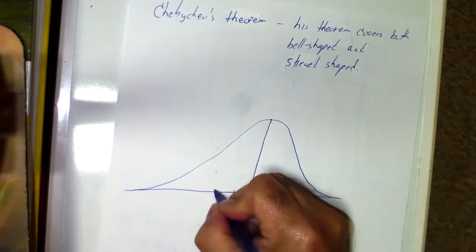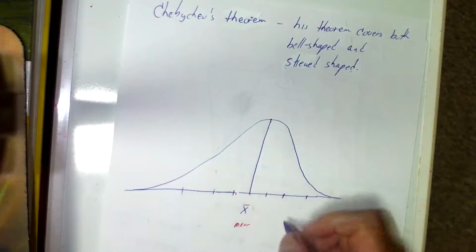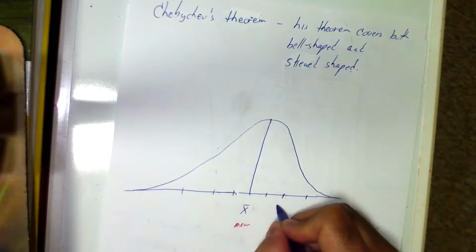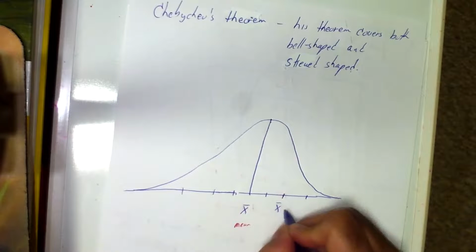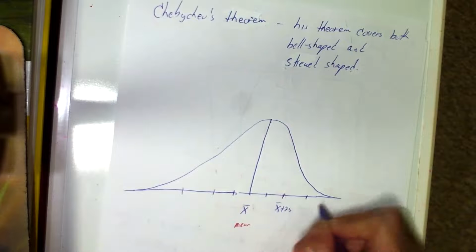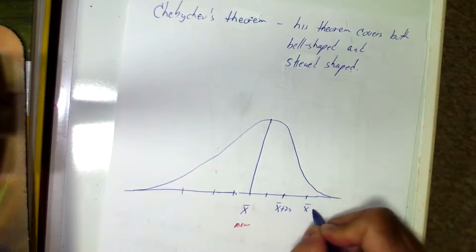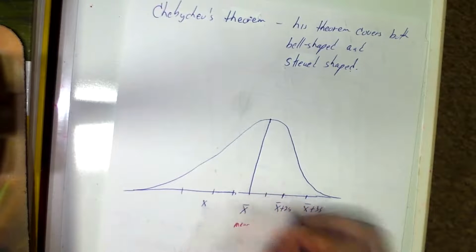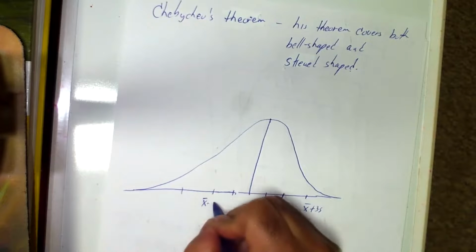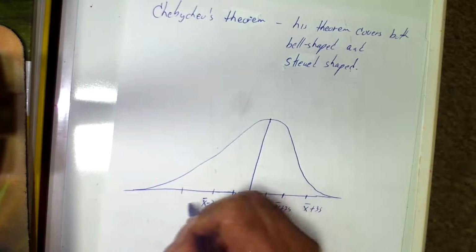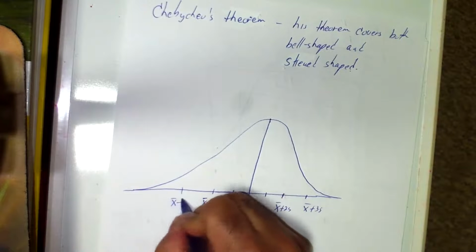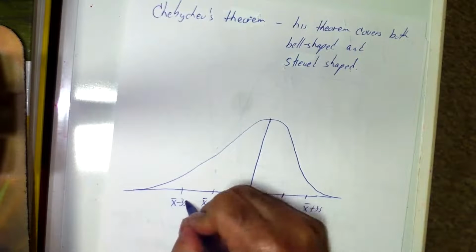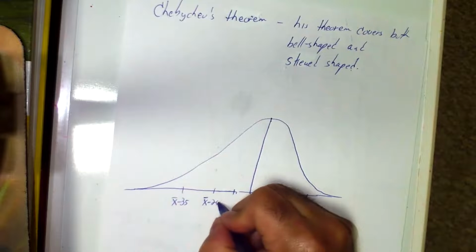He starts off with 2 standard deviations from the mean and 3. And likewise, because it's symmetrical, if this is plus, over here is minus. Three S, not a 5, not 35.